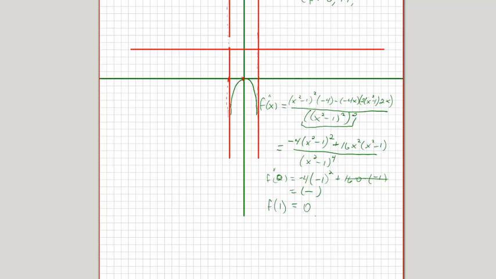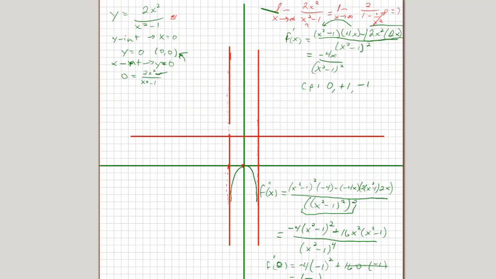So I've got 0 plus 0 over 0. Well, that's not good. Okay, well, the reason we're getting that is because we're trying to plug in a number that is not in our domain. Okay, so we have to be a little more careful.